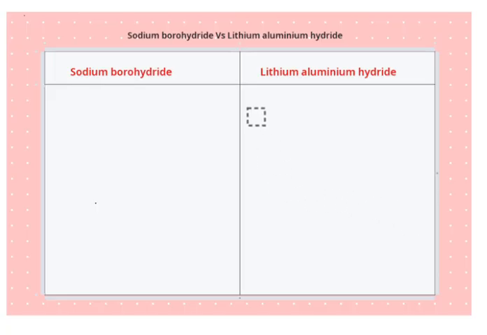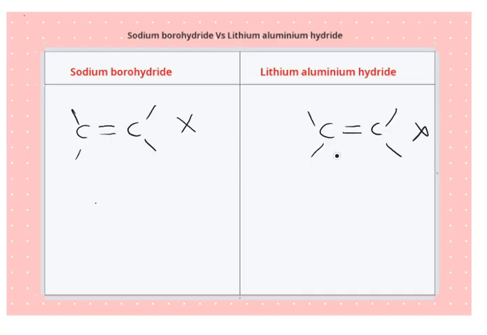Whenever we have a carbon-carbon double bond like this, both sodium borohydride and lithium aluminium hydride will not react with this double bond. And whenever we have an unsaturated, that means what? Alpha beta unsaturated carbonyl compound, aldehyde or ketone, sodium borohydride will not react, but lithium aluminium hydride will reduce such alpha beta unsaturated compounds.